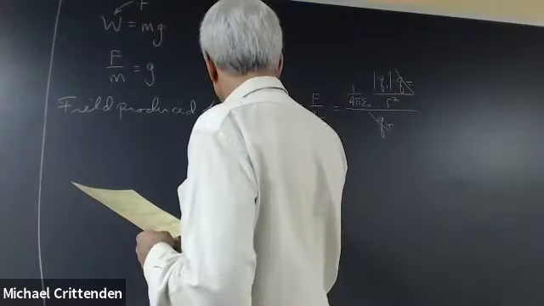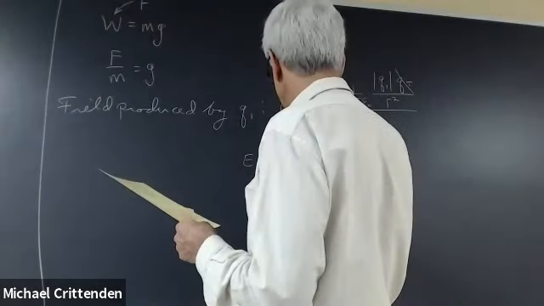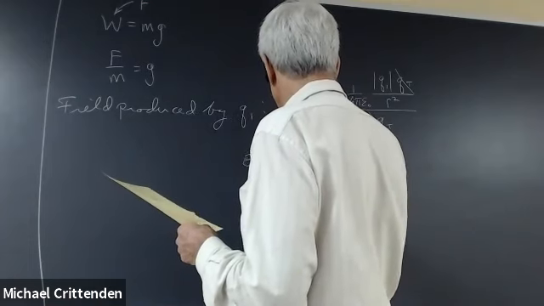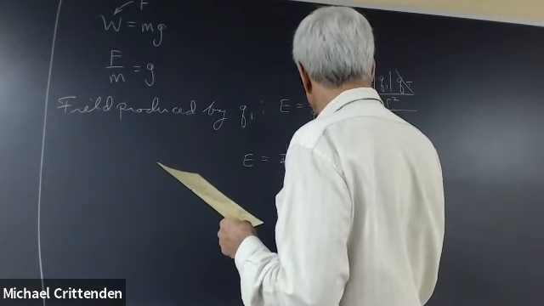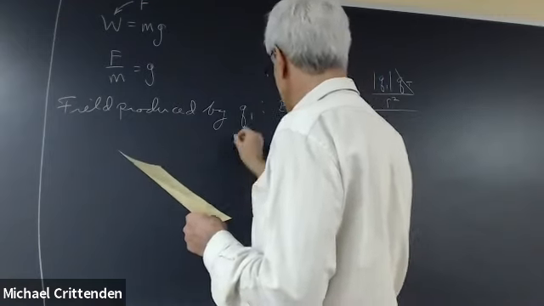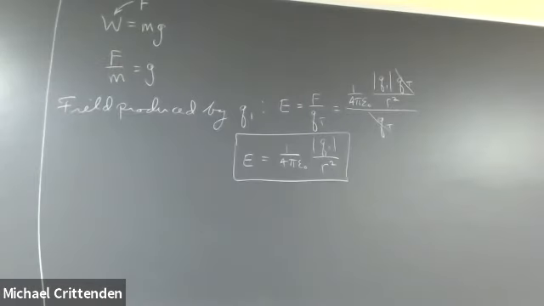So the electric field, a distance r from a point-like charge, is the Coulomb's law constant times q over r squared. Other half of the story is that the other charge, Q2, gets placed in this field.